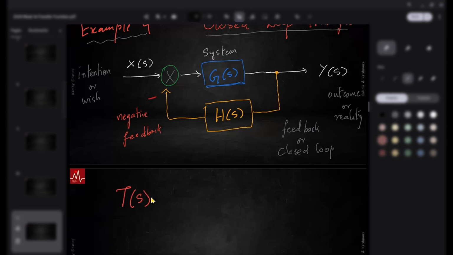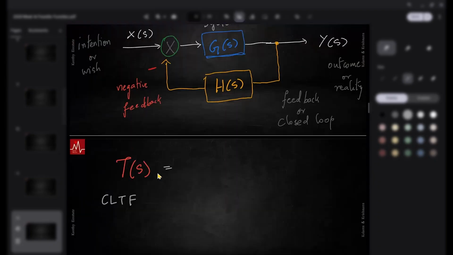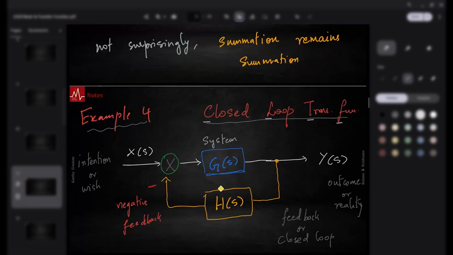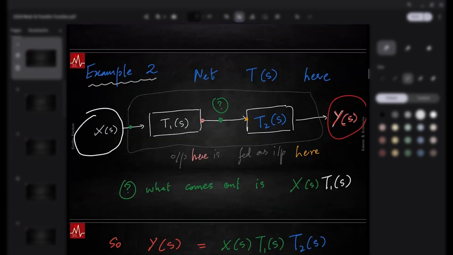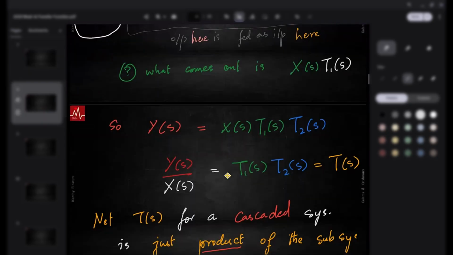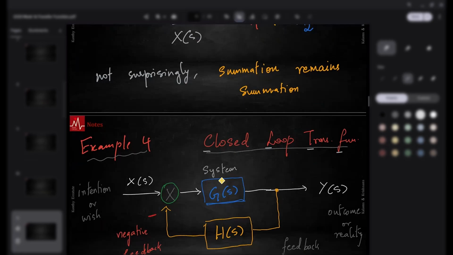First, this is the closed loop transfer function, CLTF. And that is, by definition, Y of s by X of s. This is very different from what we have seen so far. This is not a cascade, not a summation, but this is a feedback.